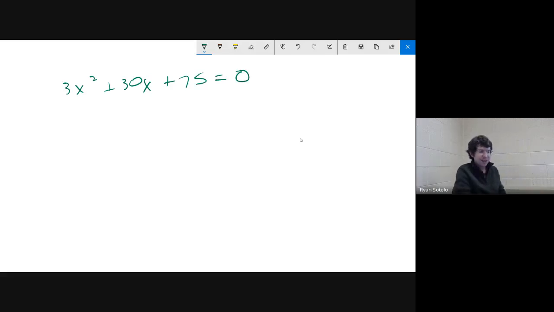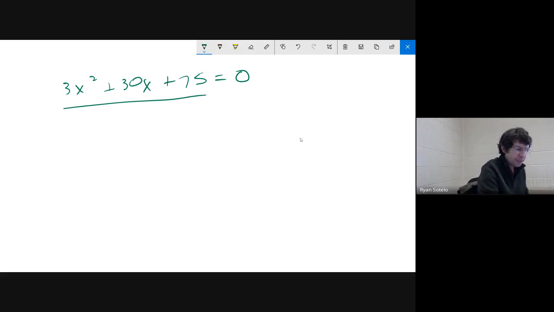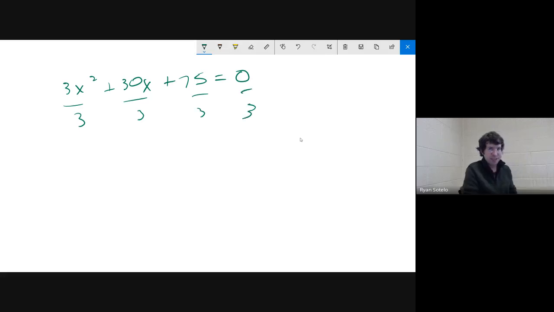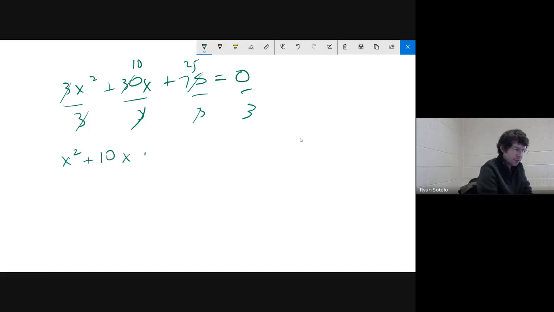I guess another thing you could do is just divide every term by 3. And that might be easier than factoring out. So this becomes that, this becomes 10, this becomes 25, and this is still 0. So now you get x squared plus 10x plus 25 equals 0.